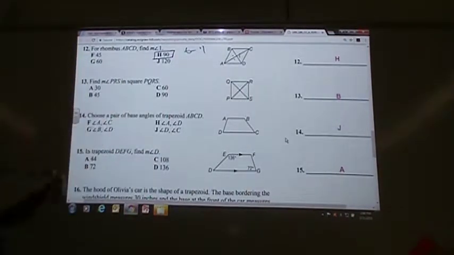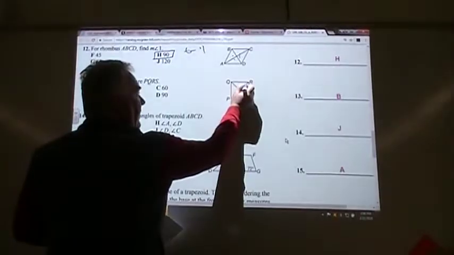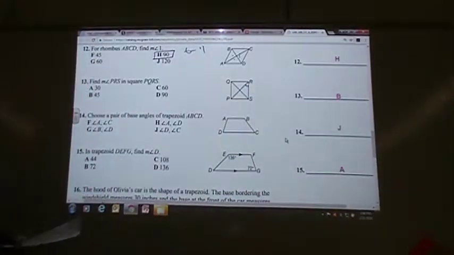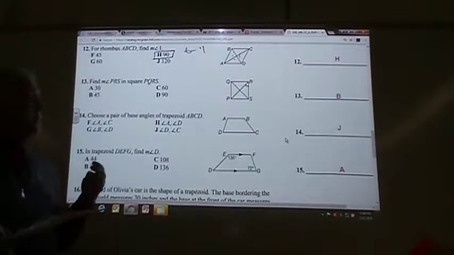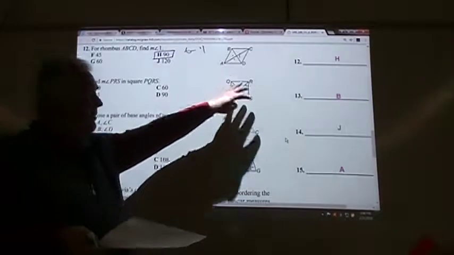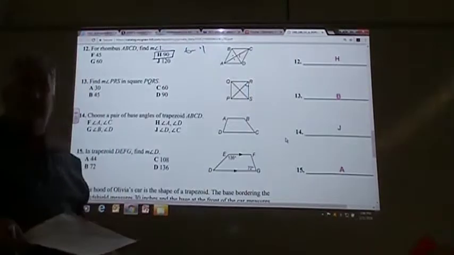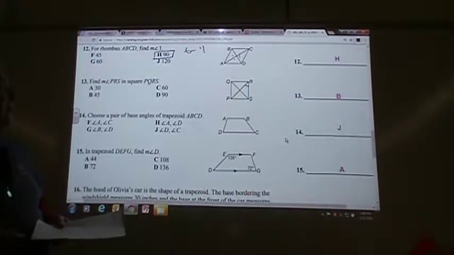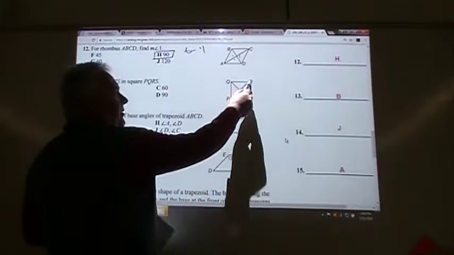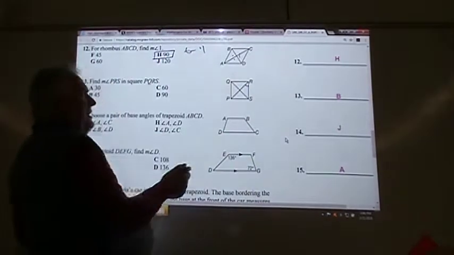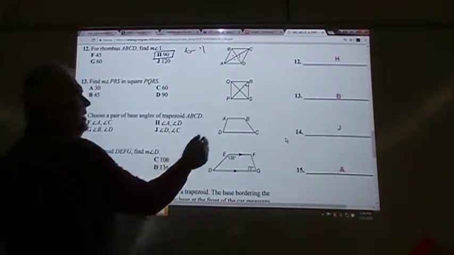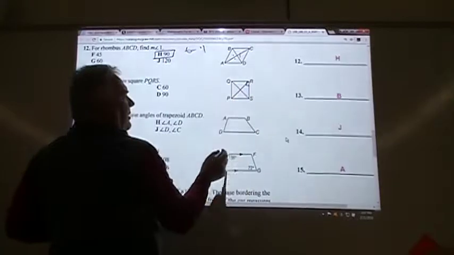Number 13, find the measure of angle PRS. So we're trying to find that measurement right there. Again, this one doesn't have any numbers on it as a reference, but it's a square. And we know that diagonals bisect the right angle of a square. This is a right angle.